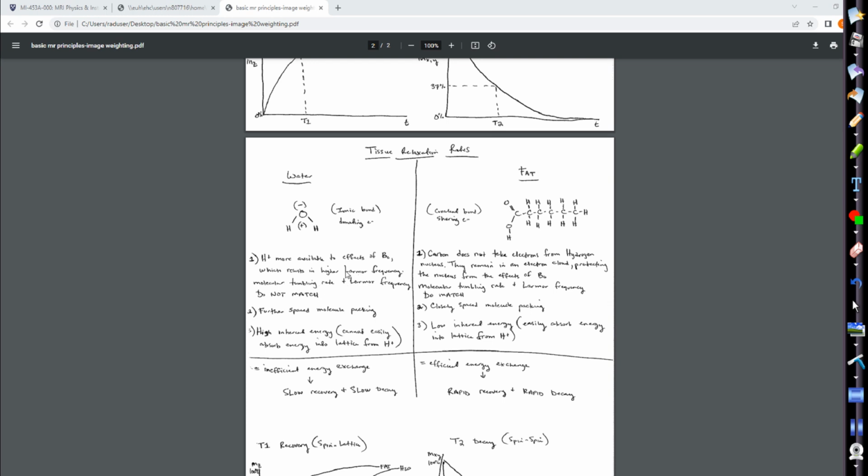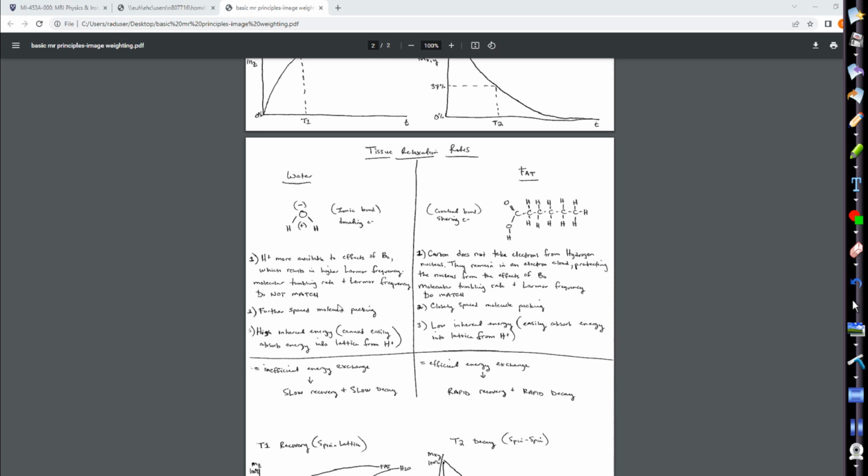So since it precesses slightly higher than fat, it actually doesn't match up with our Larmor frequency as well. So with all those things combined, it does not give off energy to the lattice and to its neighboring spins as easily. Okay? And this is really dealing with the lattice.